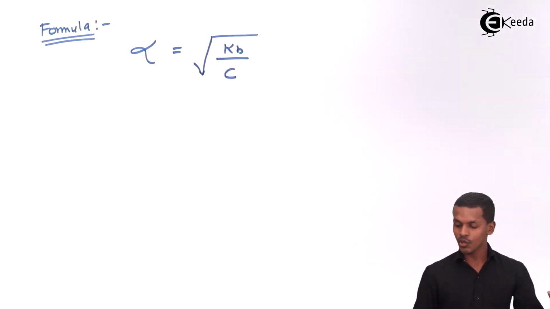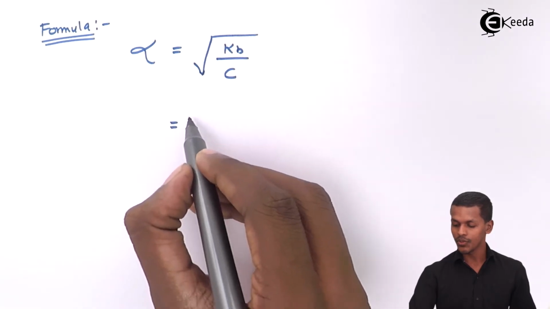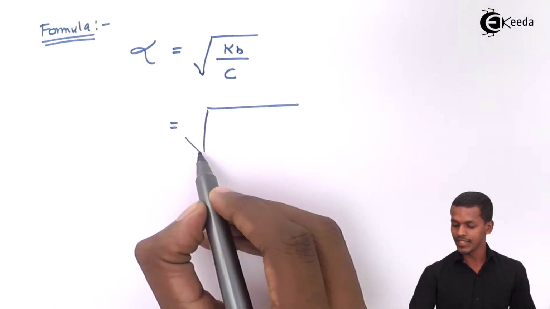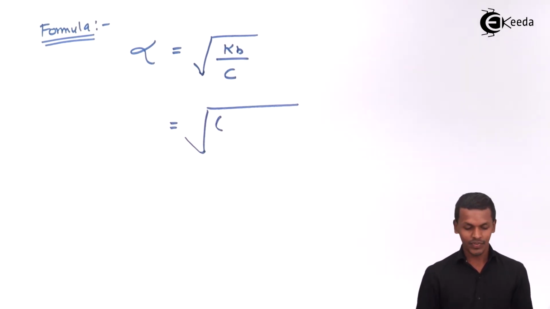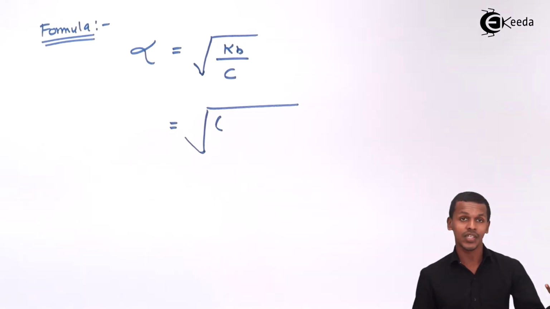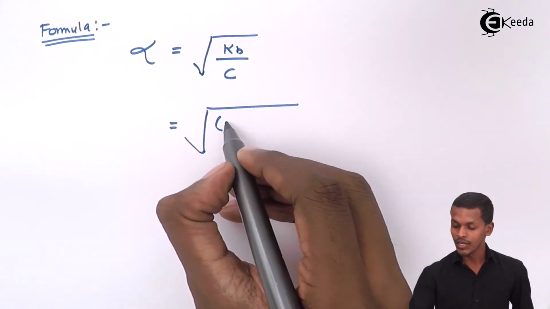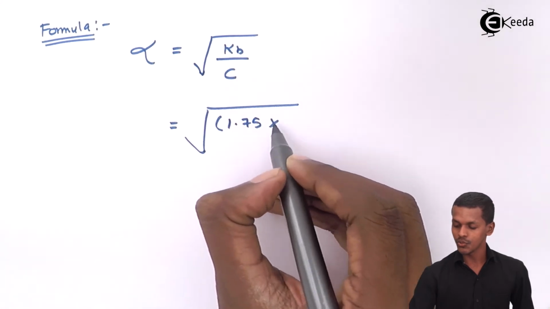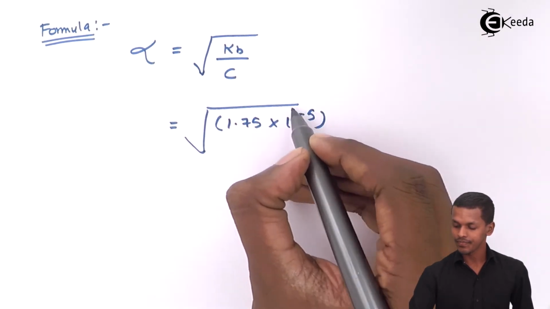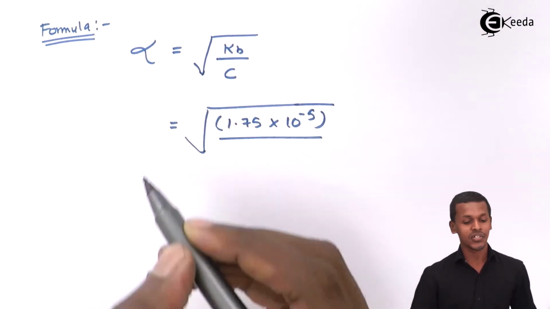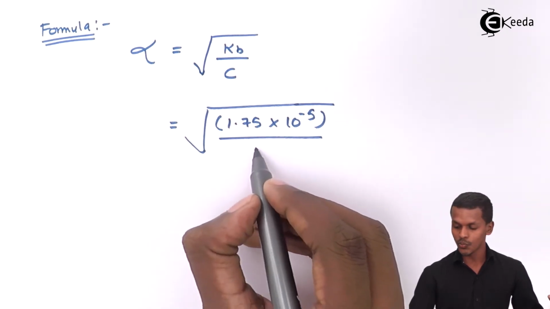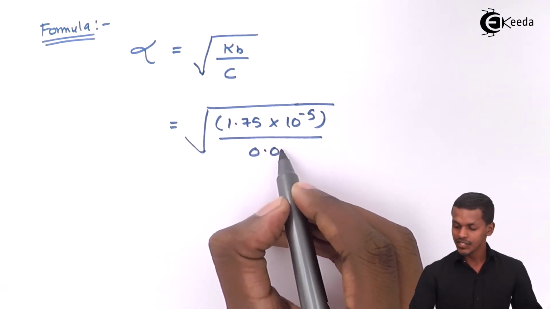In this case the alpha is not given to us, so we are going to substitute the values. The value of Kb that we have is 1.75 into 10 raised to minus 5, divided by the concentration, which is given as 0.01 molar.